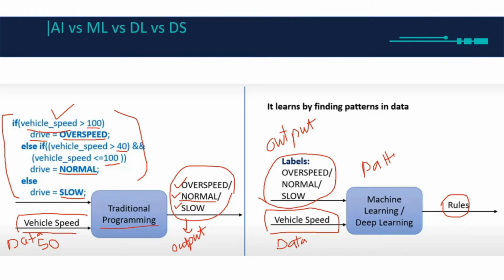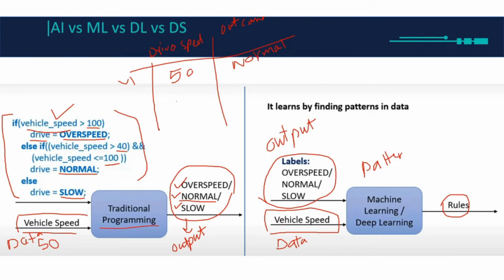Okay, let's say I have a bunch of spreadsheets, and let's say I have a spreadsheet here. It's called drive speed, and then I have the outcome. Let's say for drive speed here I have 50, vehicle 1, and the outcome is going to be normal.